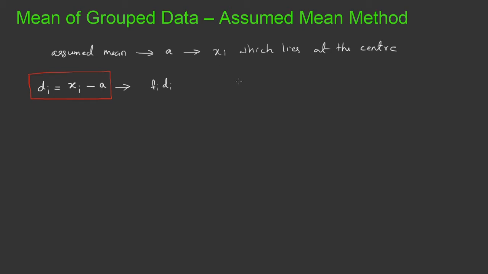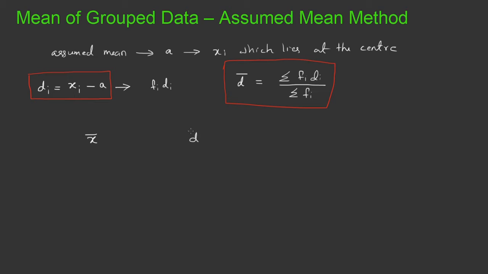This will help us to find the mean of deviation, that is d bar is equal to sum of fi di divided by sum of fi. This equation gives only the mean of deviations. Here our aim is to calculate the mean of observations x bar. So we need to find a relation between x bar and d bar.